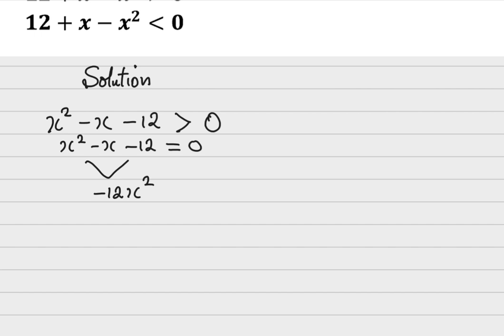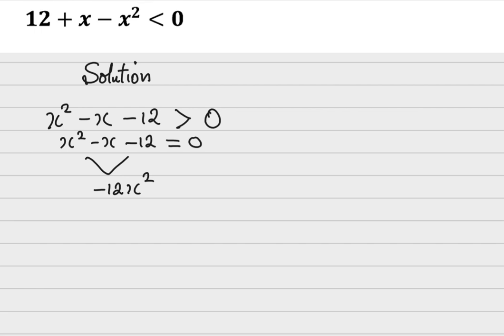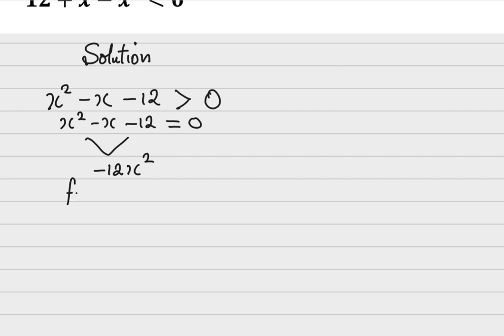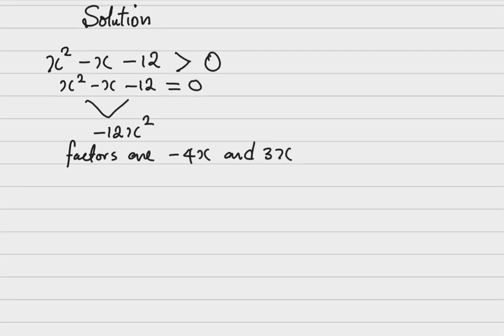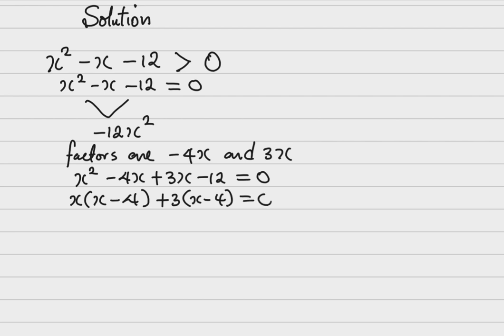I want to believe you remember this from my other videos. Now, the factors are minus 4x and 3x. So we can now substitute for minus x these two factors. We are going to have x squared minus 4x plus 3x minus 12 equals 0. Factorizing, we have x into x minus 4, plus 3 into x minus 4 equals 0.